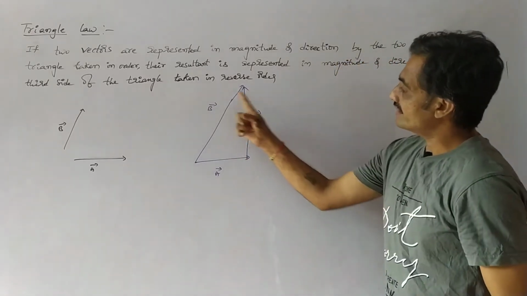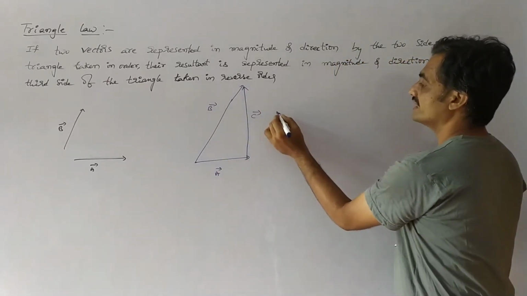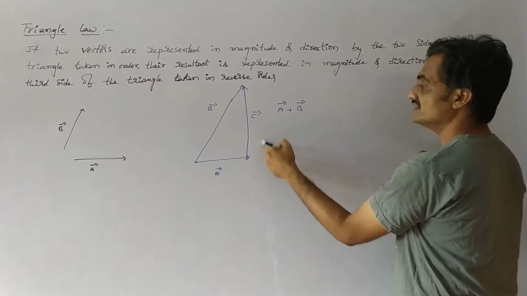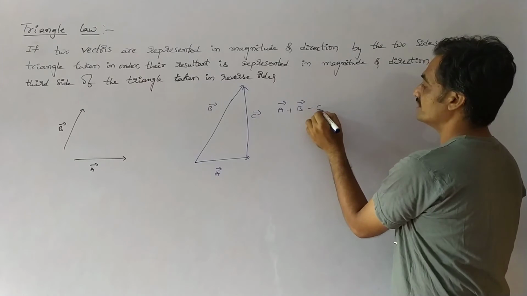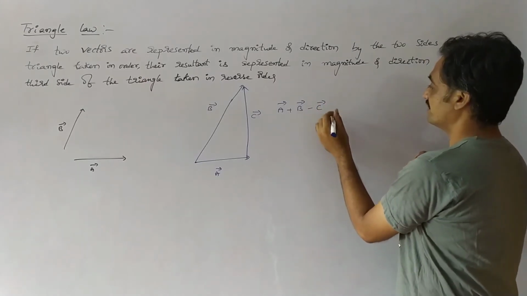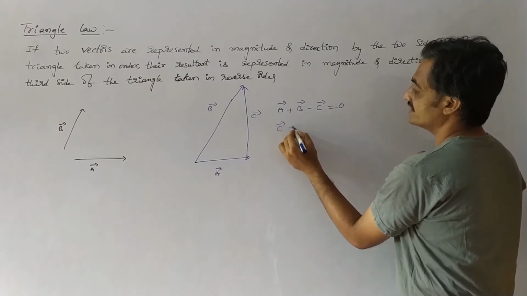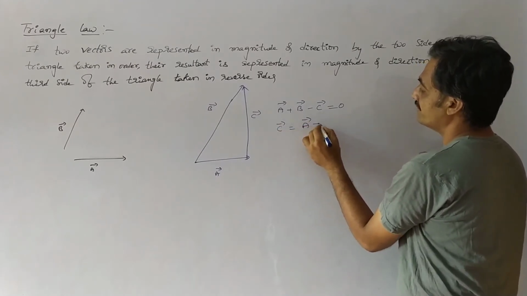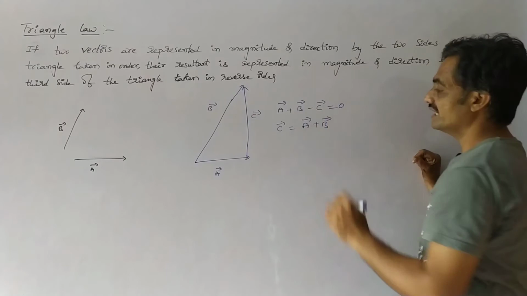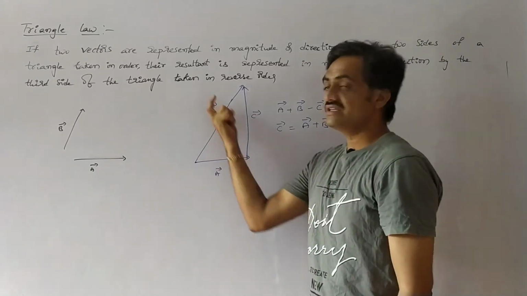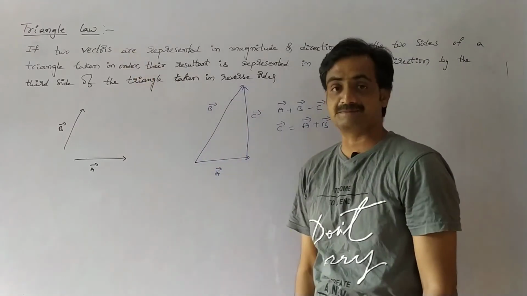If we write the equation for this, we can write A bar plus B bar, and since the direction of the resultant is opposite, we represent it as minus C bar, which equals 0. From this equation, we can write C bar equals A bar plus B bar. So based on that, we can add the given two vectors using a triangle.